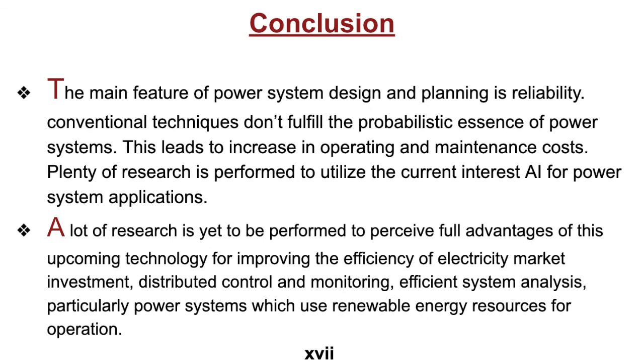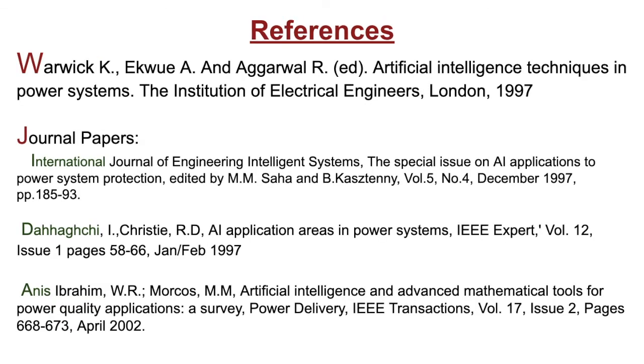A lot of research is yet to be performed to provide full advantages of these upcoming technologies for improving the efficiency of electricity market investment, distributed control and monitoring, efficient system analysis, particularly power systems which use renewable energy resources for operations. Reference: Walkwich.